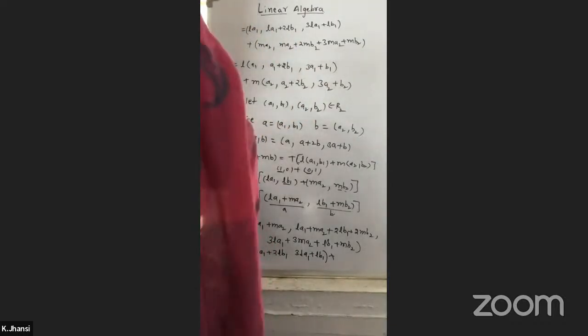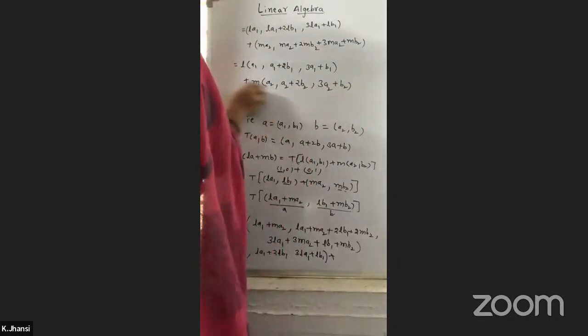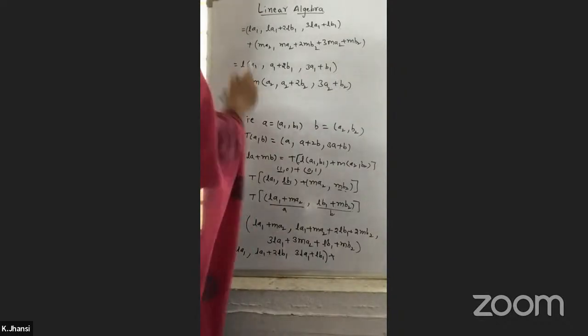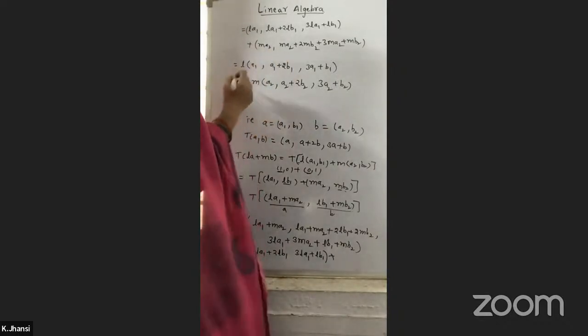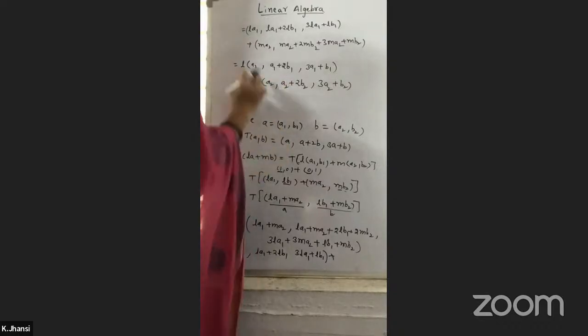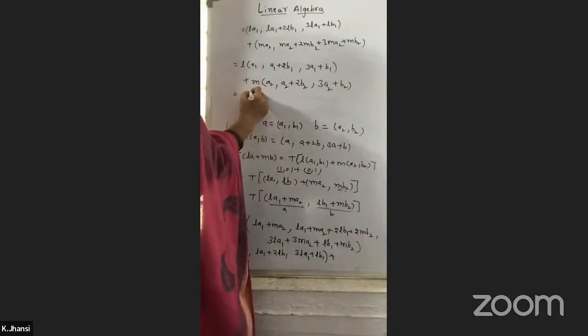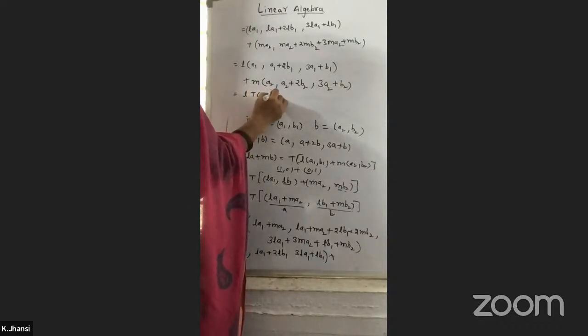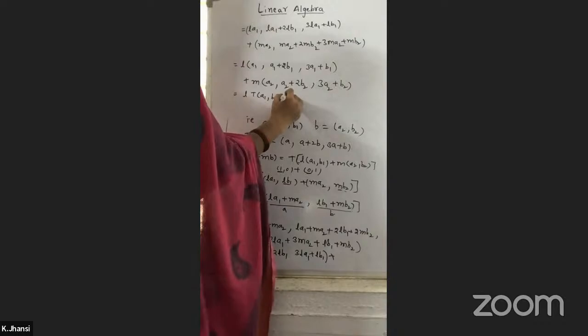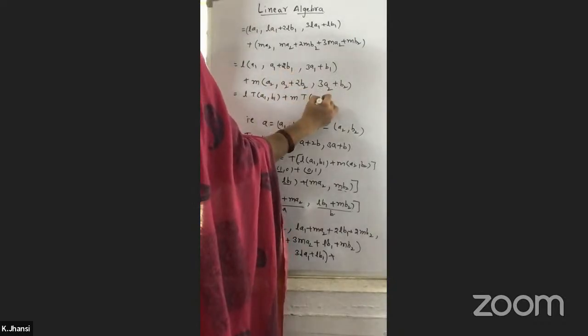Okay. It is equals to L of T of A1 comma B1 plus M into T of A2 comma B2.